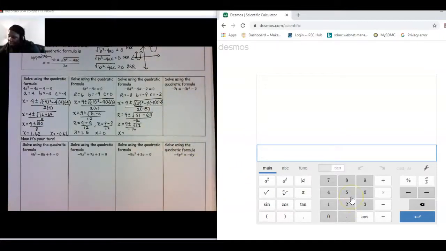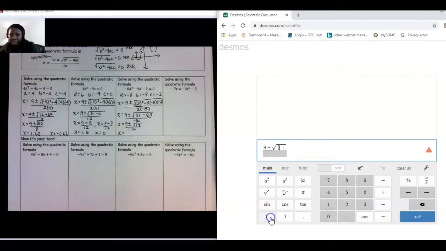Okay, so we're going to put our division bar 9, and then we're going to start with our plus the square root of parentheses negative 9, close the parentheses and square it, minus 4 parentheses, a is negative 8, close your parentheses, and your c was negative 2.